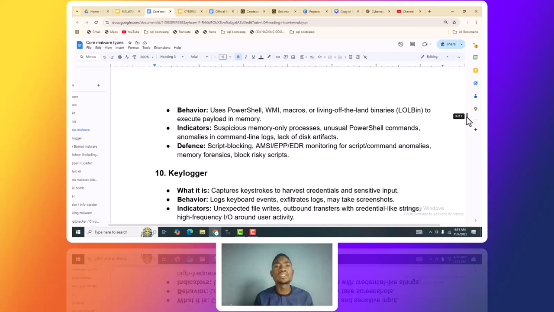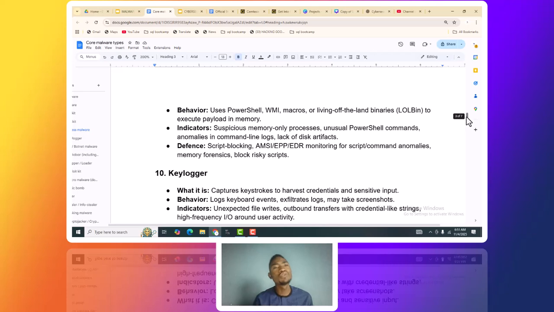And so some of the indicators that show there is this type of malware in our system are suspicious memory processes, unusual PowerShell commands, where PowerShell in Windows starts operating and giving its own commands, and also a lack of disk artifacts. These are some of the things you can experience when you are infected with fileless malware.